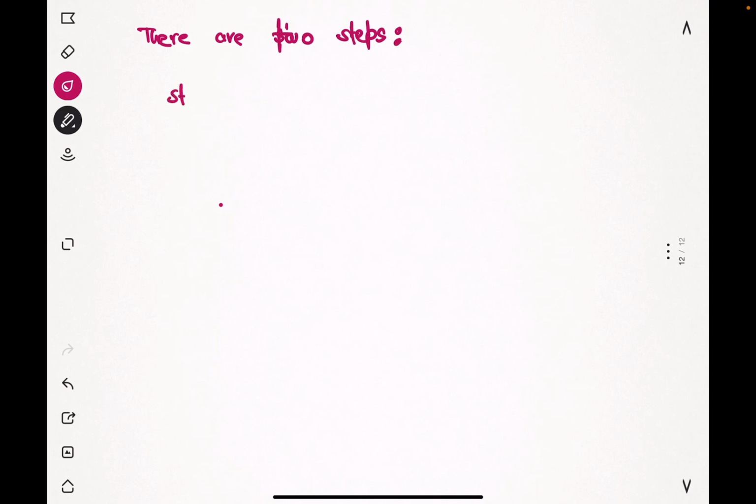Step one. We already know there are two terms in the reaction rate equation. One is the concentration dependent term, and the other is the temperature dependent term. So the first step is to figure out the concentration dependency.